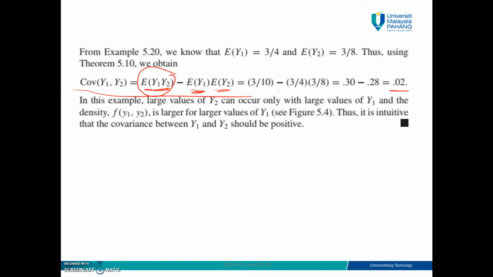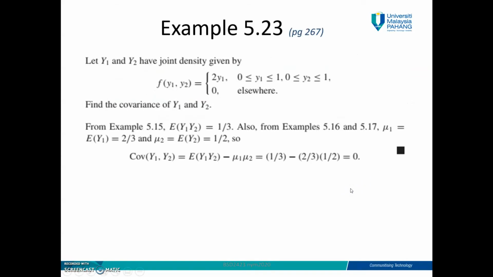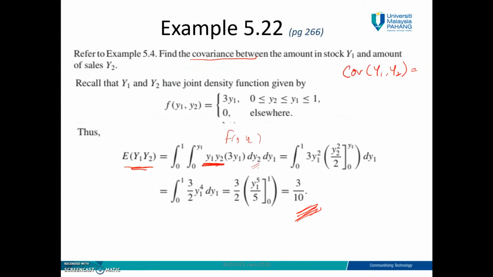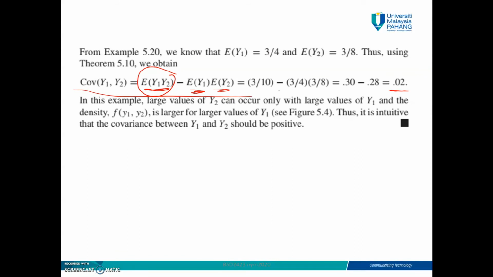And then it is intuitive that the covariance between Y1 and Y2 should be positive. Okay, so that example, 5.22. Okay, so if you look, the answer is 0.02.